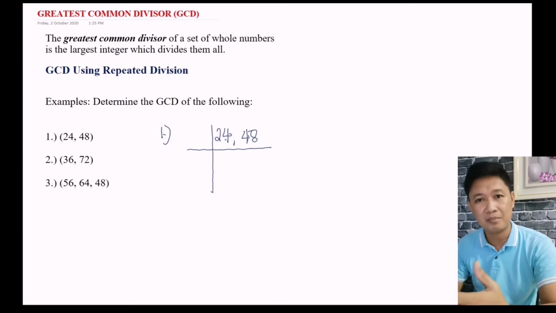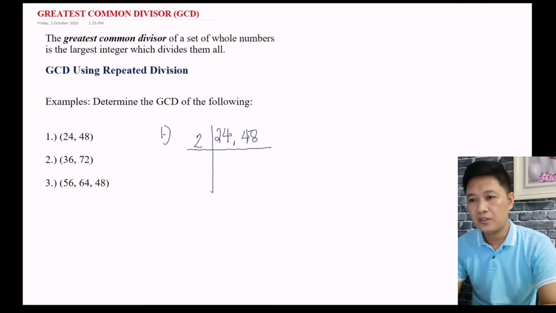Pag sinabi natin prime, yung mga 2, 3, 5. So, ang 24 at 48 ay parehong even, therefore, they are divisible by 2. So, ang first divisor natin ay 2. 24 divided by 2 is 12, while 48 divided by 2 is 24.